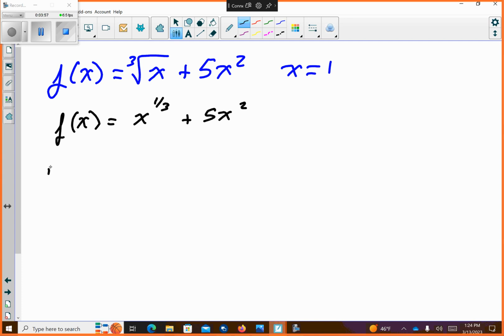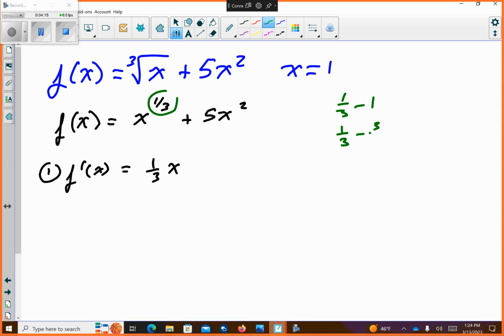And then if I take the derivative, f prime at x, so that's going to be 1/3 x, and then I have to figure out, if I go 1/3 minus 1, which is 1/3 minus 3/3, so that's going to give me x to the negative 2/3 power. When I do the derivative of 5x squared is pretty simple, just giving you 10x.